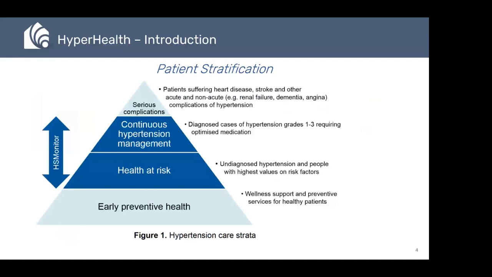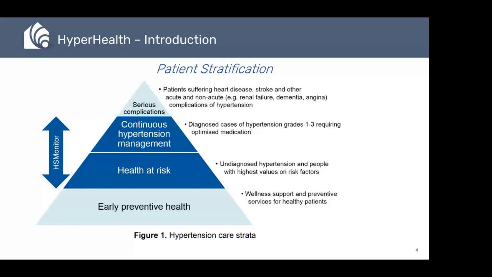So we divided them into primary prevention, people at early prevention, people without a clear diagnosis of hypertension, and then secondary prevention, people with high risk factors but still not yet diagnosed with hypertension, and then tertiary prevention, people with a clear diagnosis of hypertension, to provide proper control of their hypertension and to prevent possible complications.